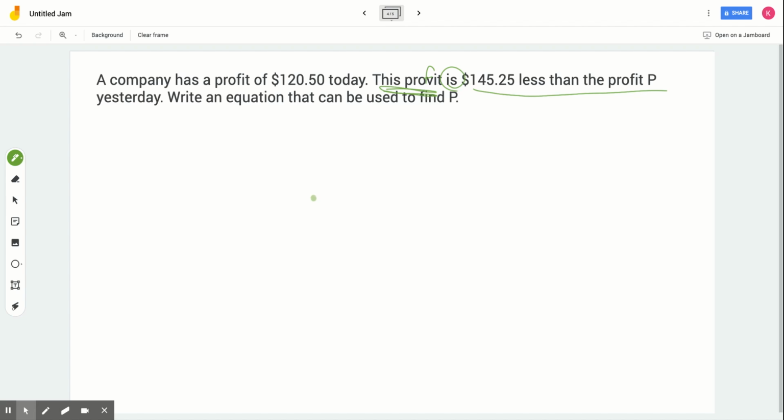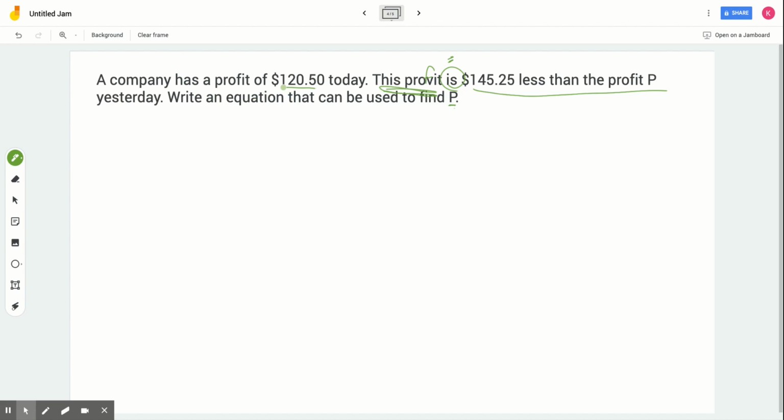Write an equation that can be used to find P. So we're trying to find P. I've underlined and marked a few things here. We know that we have to use the variable P. Whenever we see the word or is, it typically means an equal sign.